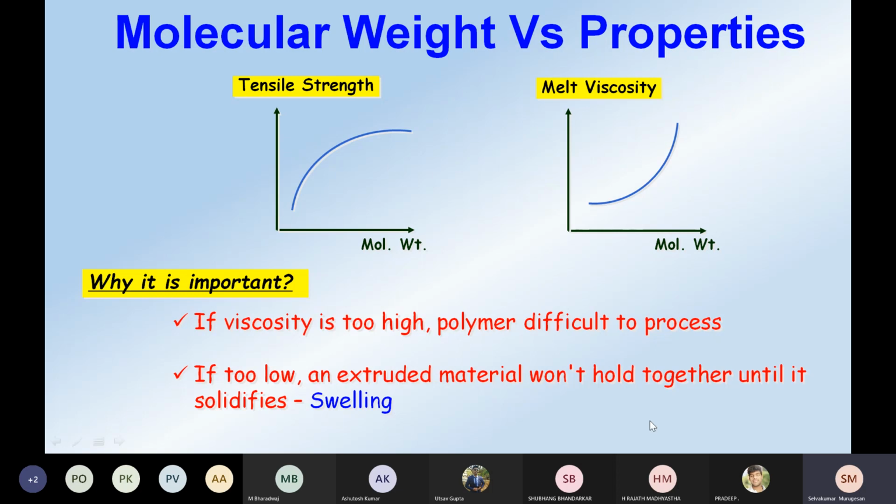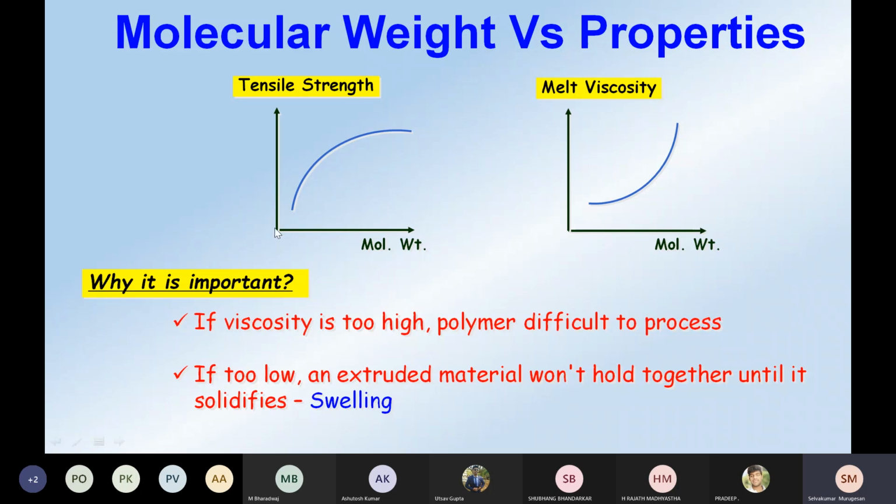And once you have to process your polymer at high temperature, you'll have to spend a lot of money, energy, etc. Of course, if the viscosity is too low, the extruded or processed polymer material won't hold together. That means the final shape you give will not remain; the shape or size will change due to solidification issues as well as swelling.